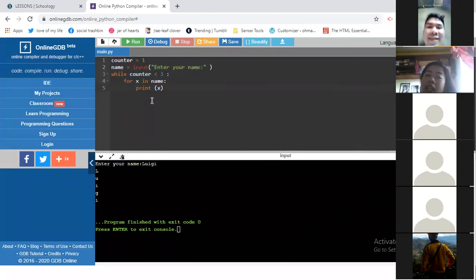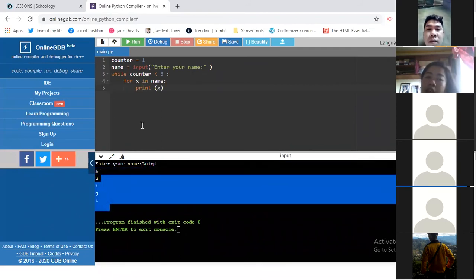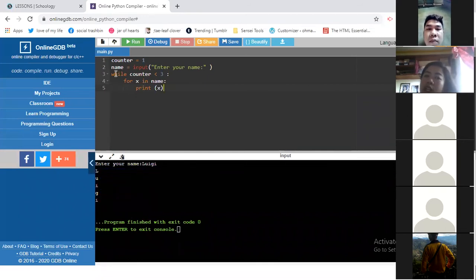Yung code natin, input natin yung name tapos piprint niya bawat element. Ngayon, gusto kong ulitin niya yung pagpiprint. Di ba ganito yung output niya? Enter mo yung name and then piprint niya yung bawat element. Eh kung gusto ko siyang ulit-ulitin, like 3 beses siyang magprint. So ang ginawa ko, pinasok ko lang yung for sa isang while, tapos 3 beses na gagawin.